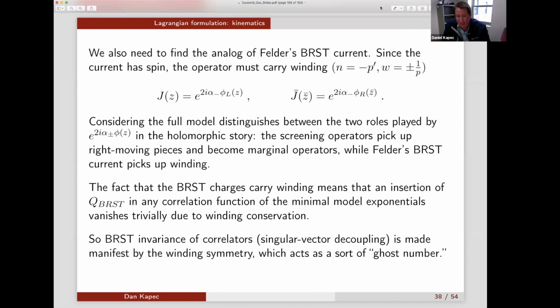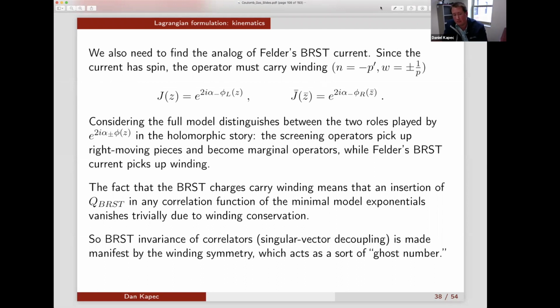Now, the fact that the BRST charge carries winding means that an insertion of the BRST charge in the correlation function of the minimal model exponentials vanishes because of winding conservation. So we turned on marginal deformations, but they didn't carry winding, so they didn't break the winding symmetry.